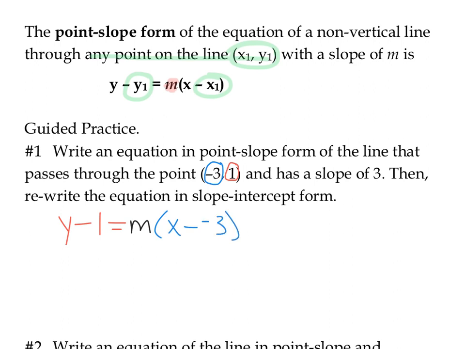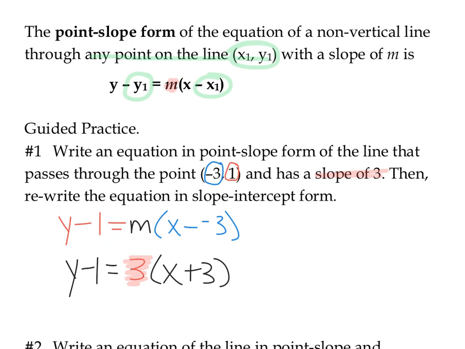So we could write that as y minus 1 equals, for the m, 3, and then x plus 3. We see our slope of 3, so that's where we put in this slope of 3. Keep in mind it's y minus y1 and x minus x1, so pay attention to the signs of the numbers if you're subtracting positives or negatives and how that goes.